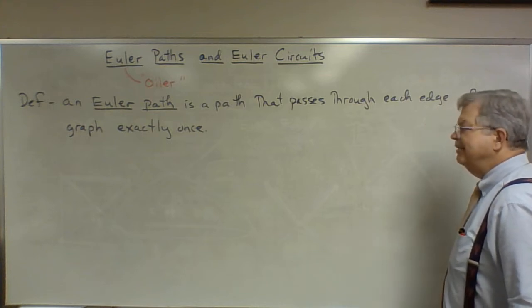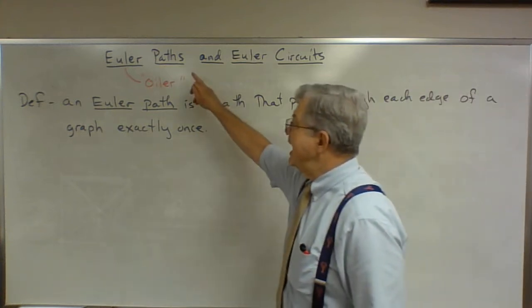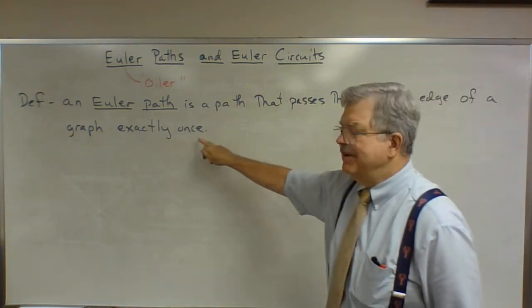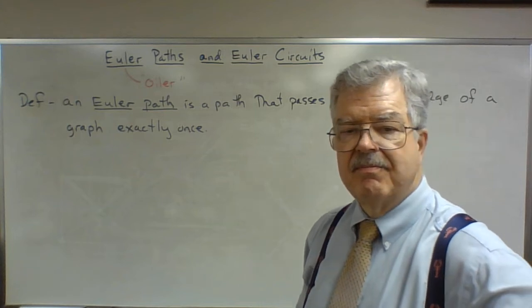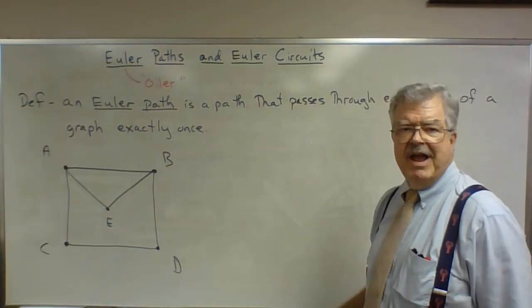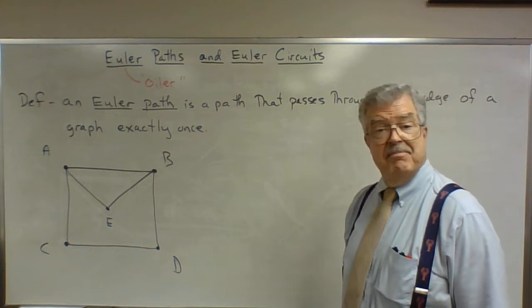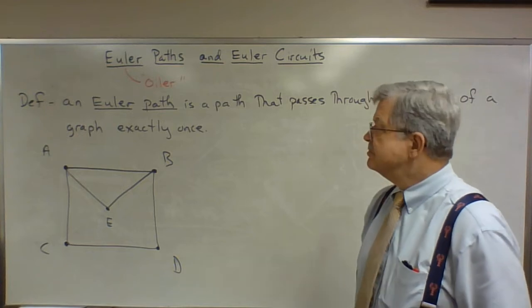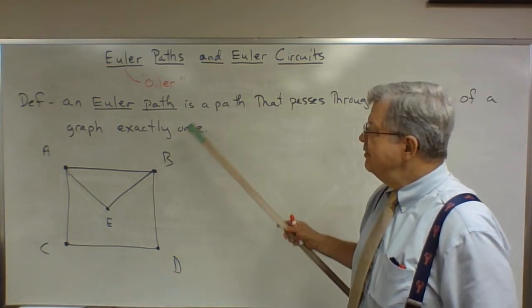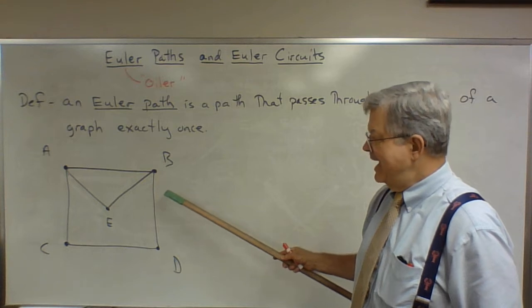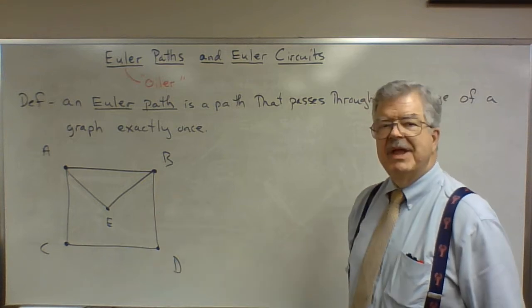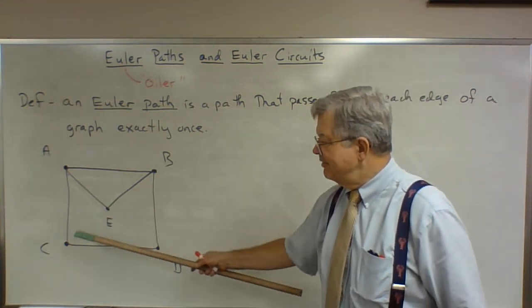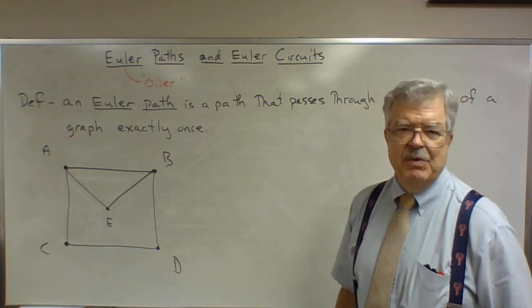Let's look at an example of an Euler path, a path that passes through each edge of a graph exactly once. Here's a nice graph. Looks quite a bit like one of the graphs that we worked with in the first lecture. We have to find a path that includes every single edge of this graph exactly once.